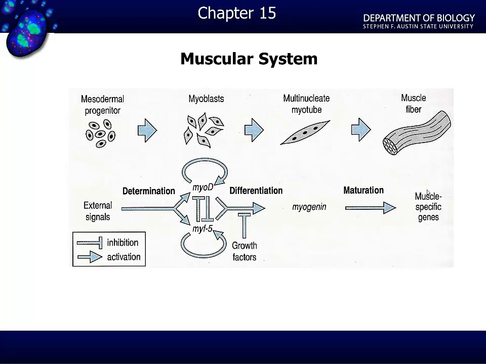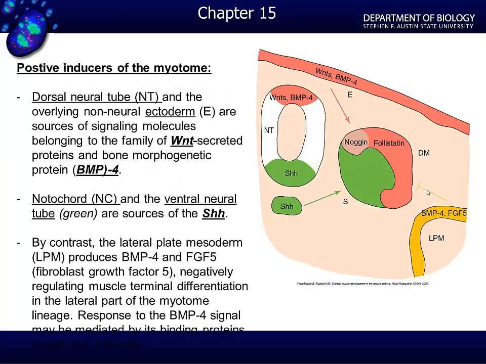But I want to look at some of this newer information as we begin to put this pattern together. We're going to go back and look at the influence of surrounding tissues, inductive influences on the myotome itself and really on the somite. In this newest illustration that we have from our textbook, we're going to see that there are both positive and negative influencing forces on this tissue that's going to give rise to our muscle precursors.